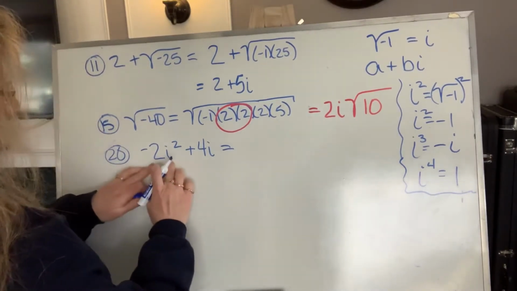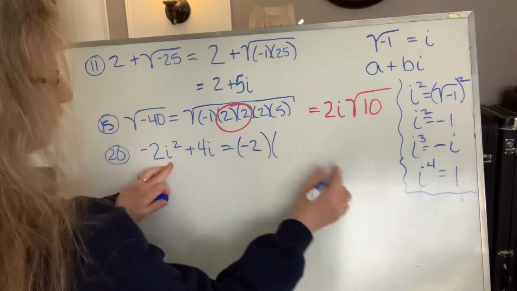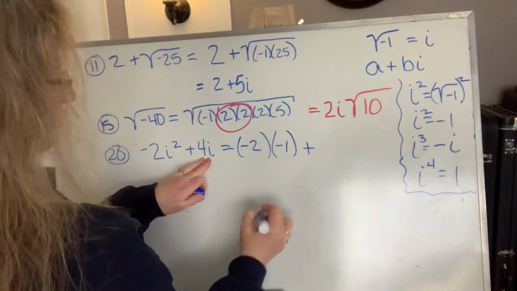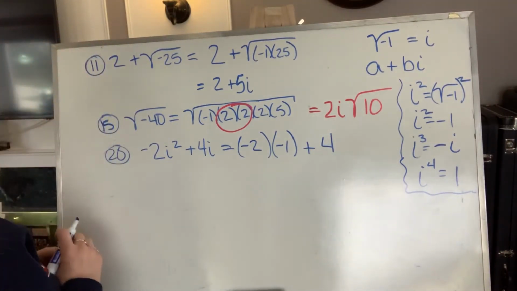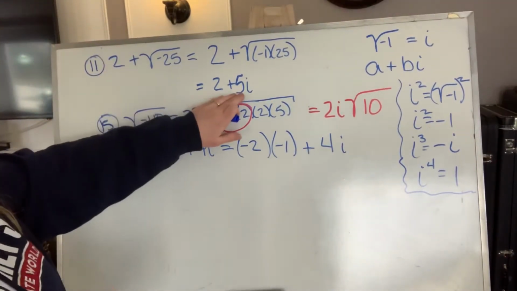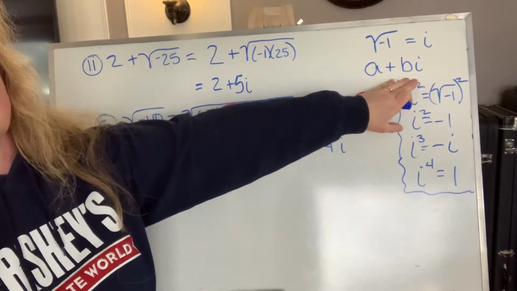So if I'm going to simplify this, I have -2. What is i squared? Well, that's -1. Times 4. And then we're going to leave that i there. That i stays just fine because remember we want it in standard form, which has a constant component and can have an imaginary component.